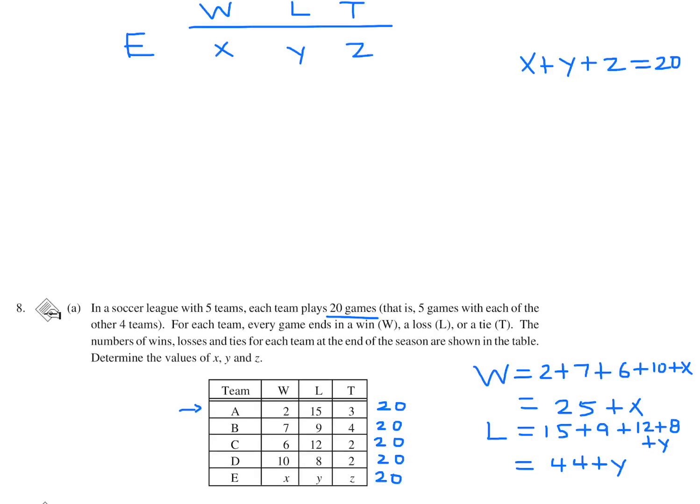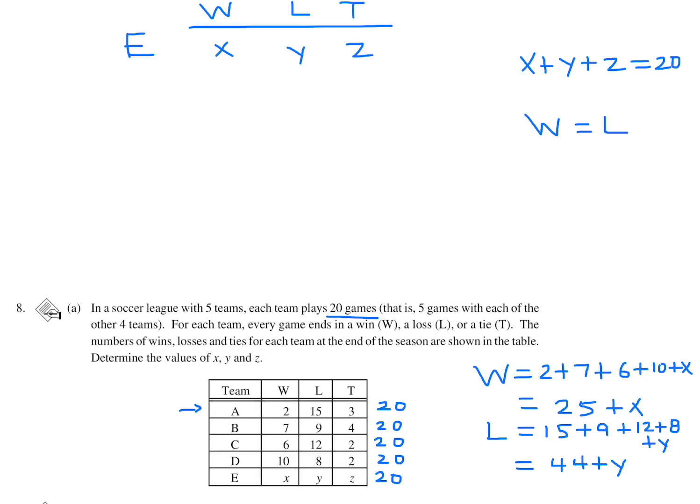Now think about this for a second. The total number of wins and the total number of losses have to be equal to each other, right? Because when a team plays, it has to be either a win or a loss or a tie. Now, if it's a tie, those are all put in a separate category, which is right here.